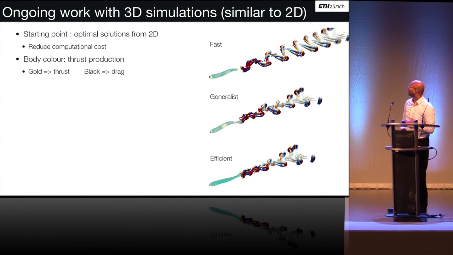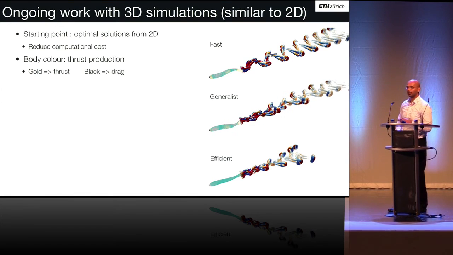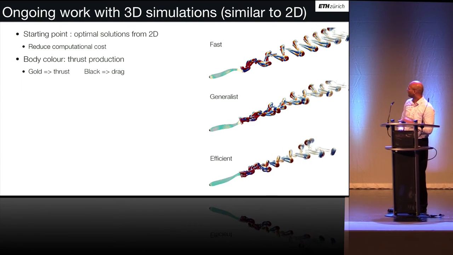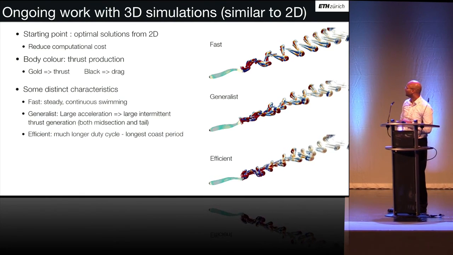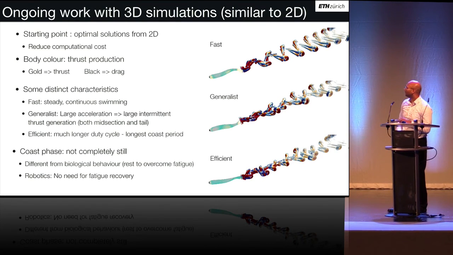If we look at the generalist, again, it accelerates quickly, and then it slows down its body undulations. The most efficient swimmer also accelerates quickly, and then almost comes to a standstill, but not quite. That's a difference from what you see in real fish.